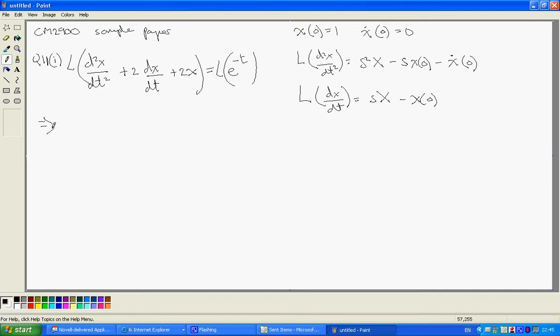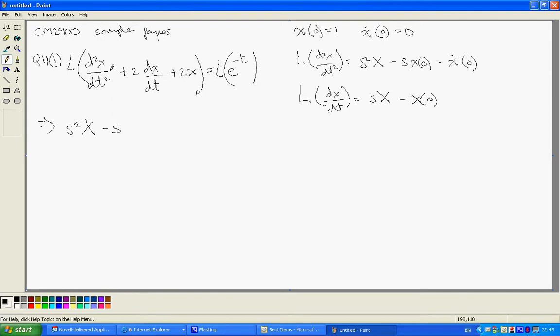We can then say that the transform of the second order derivative is just s squared X minus s times x of 0, so it's just minus s.